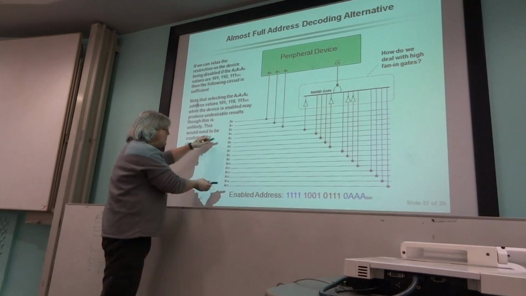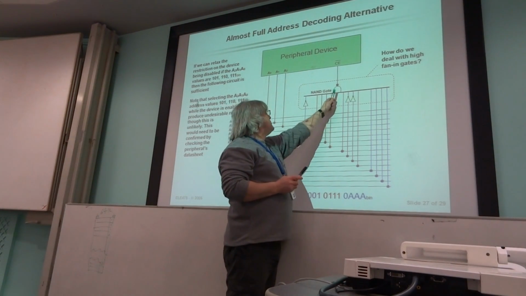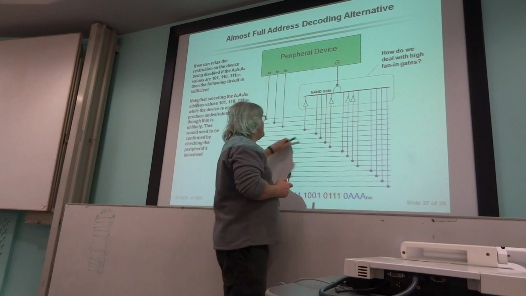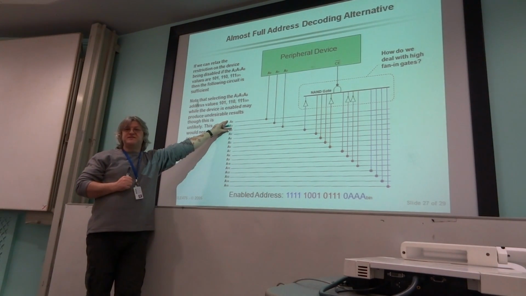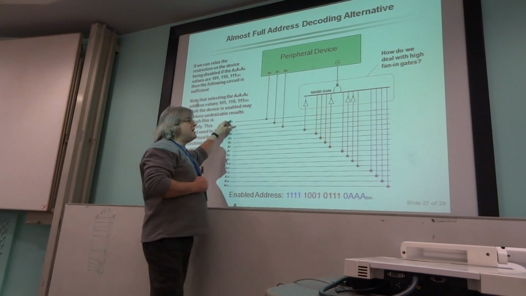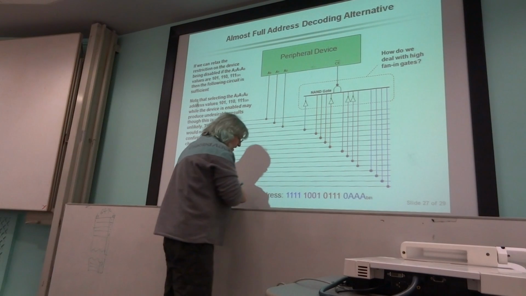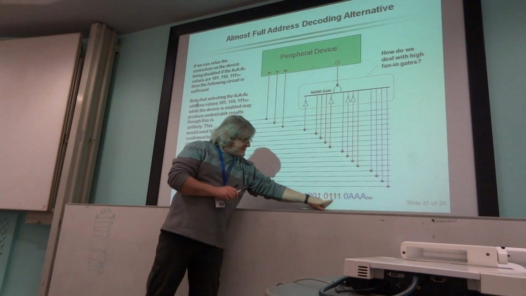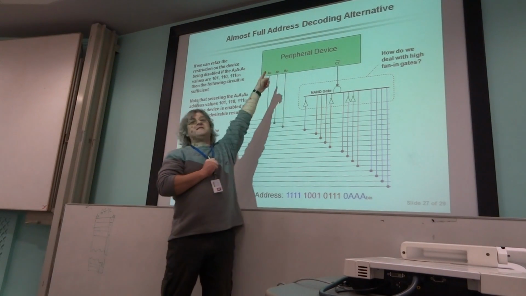So we're only using 12 lines of the address bus now to do the address decoding. Is it 12? No, 13 lines. 16 take away 3 is 13. So we've now simplified the address decoding to this, so that this combination has to appear on the address bus in order to wake this device up.